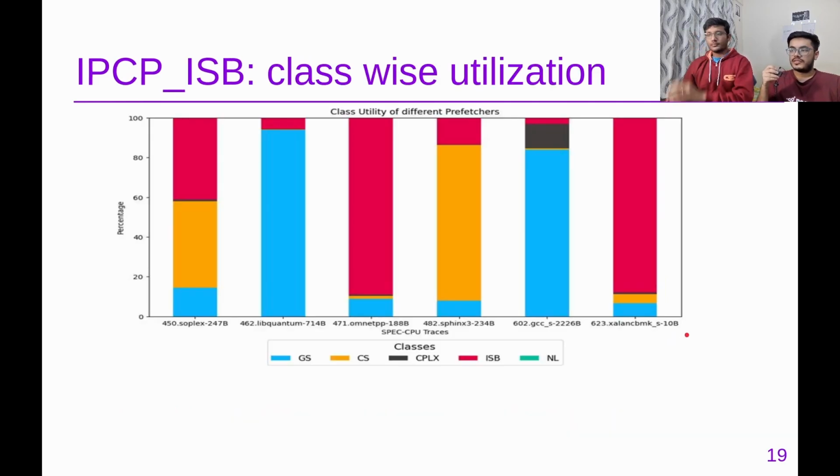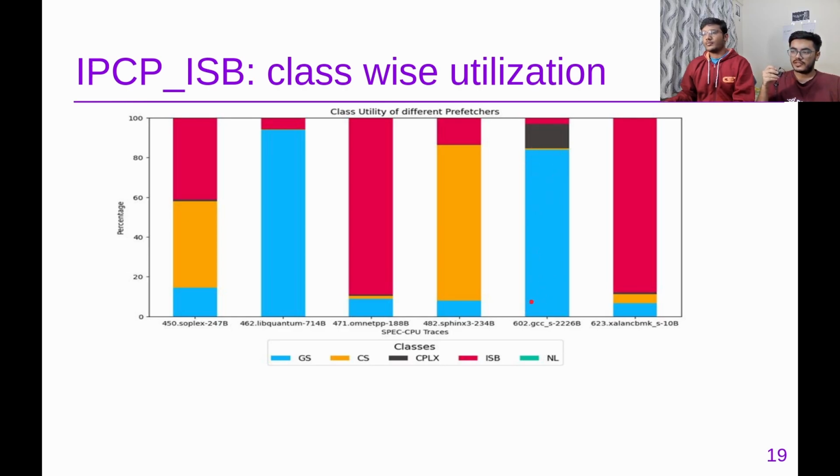This is an interesting plot. We tried to find out the individual contribution of different classes. As expected, for Omnet, most of the speedup is gained from the ISB prefetcher. But for GCC, very little is from ISB and mostly it is from the GS class, which is part of IPCP.